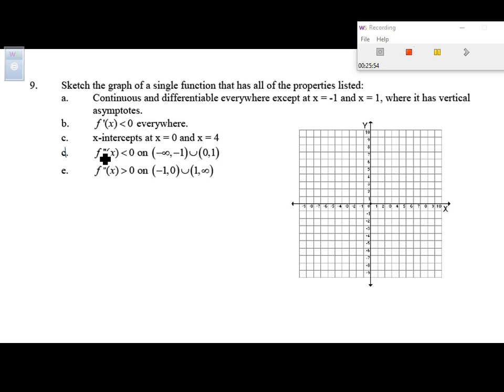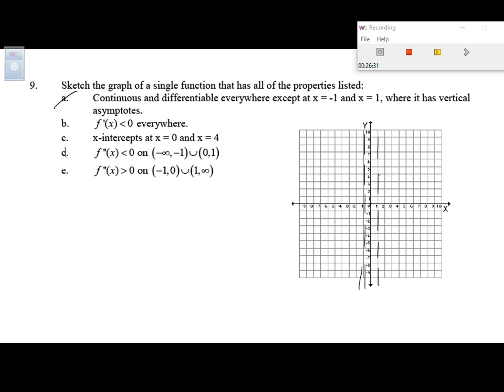So here goes part A. Continuous and differentiable everywhere except at -1 and 1 where we have vertical asymptotes. Well, I can take care of that. Let's go draw asymptotes at -1 and 1. Now on part B it says f prime of x is less than 0.